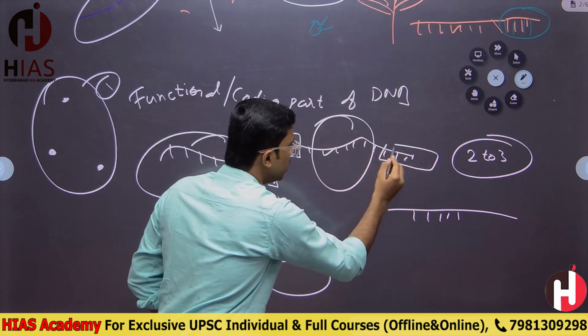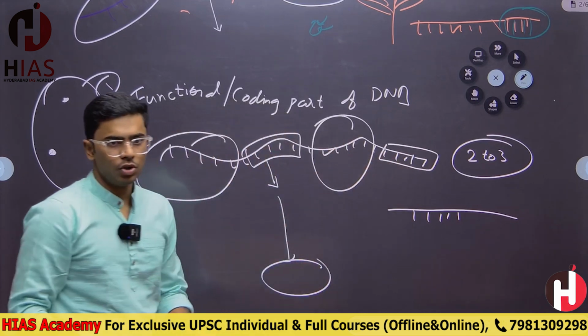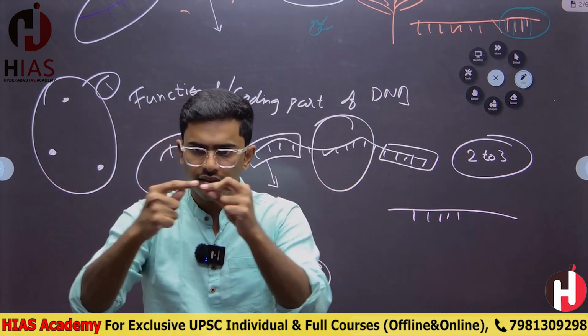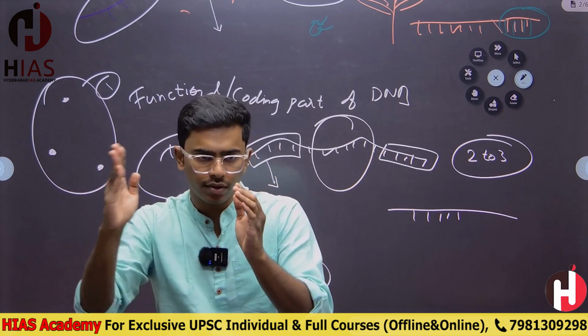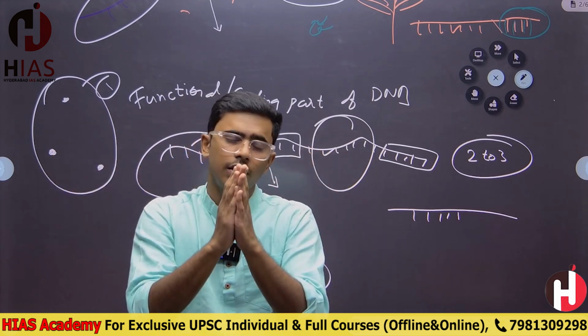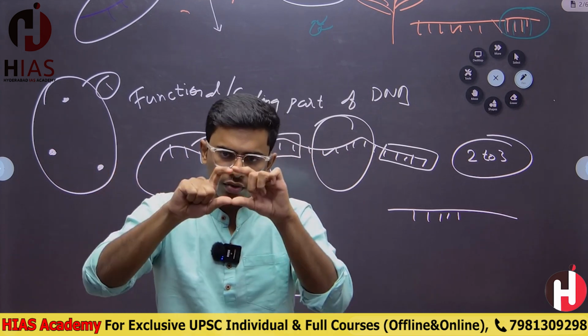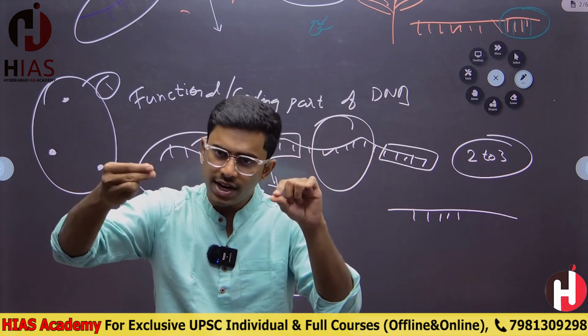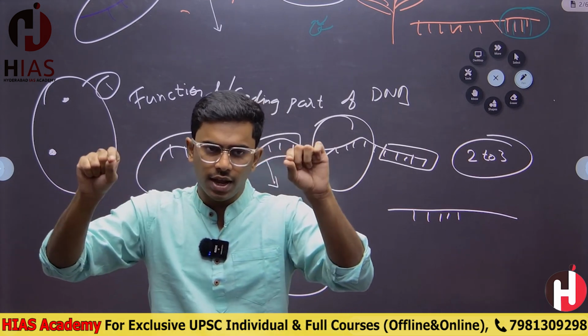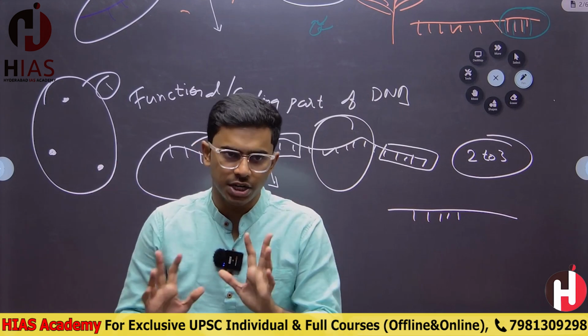But if there is a gene here, this part will. So a gene is a sequence of your nitrogenous bases. A sequence of DNA which gets translated into a protein is called a gene. I repeat, a sequence of DNA which gets translated into a protein is called a gene.